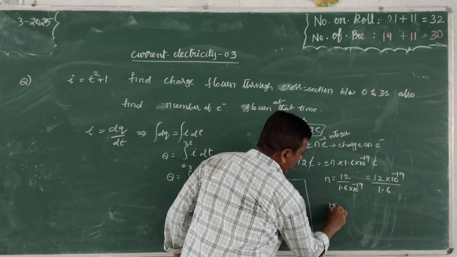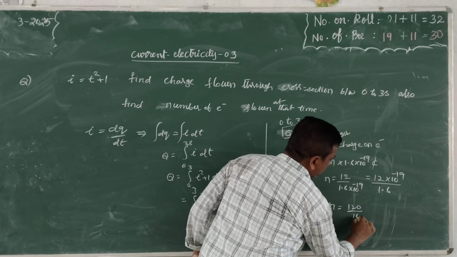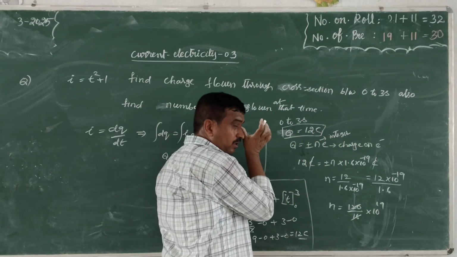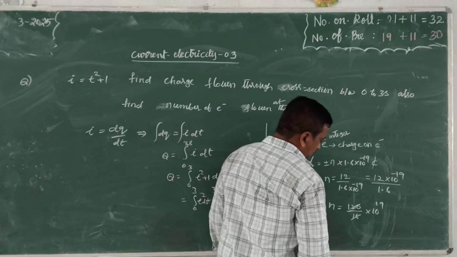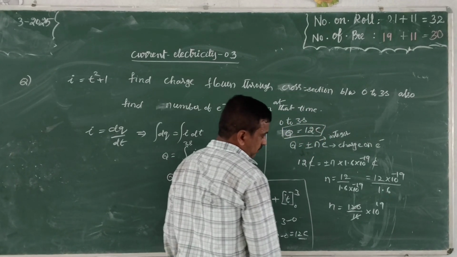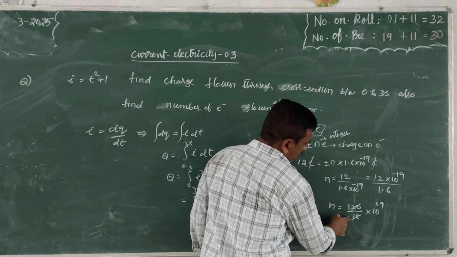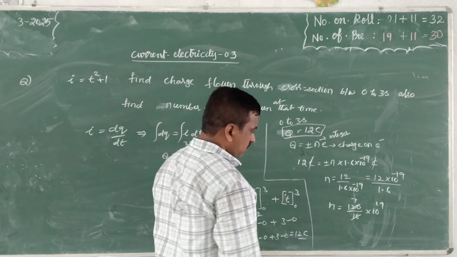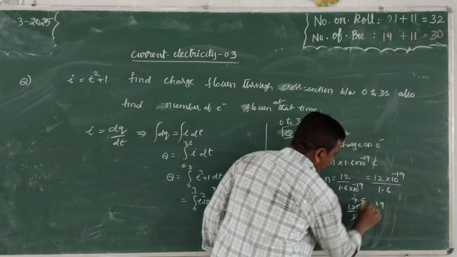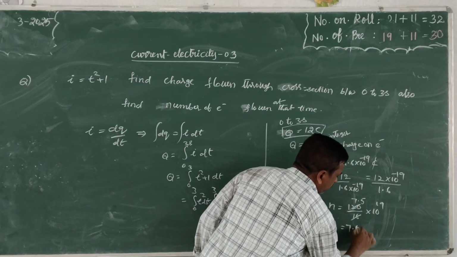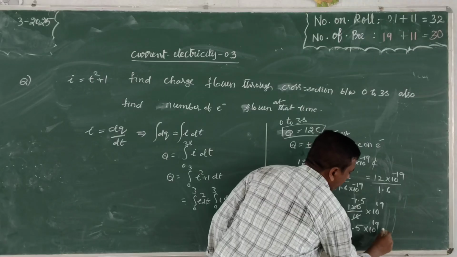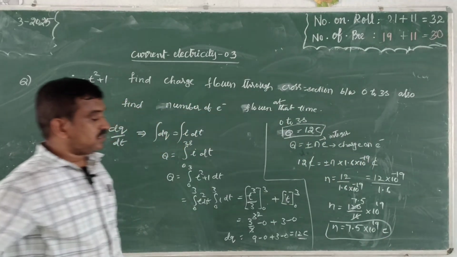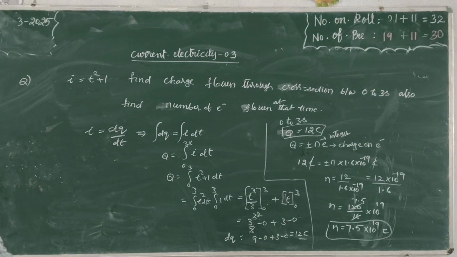Removing the decimal point, we get 120 by 16 into 10 power 19. 16 times 7 is 112, 16 times 5 is 80, so 7.5. So 7.5 into 10 power 19 electrons flowed between 0 to 3 seconds.